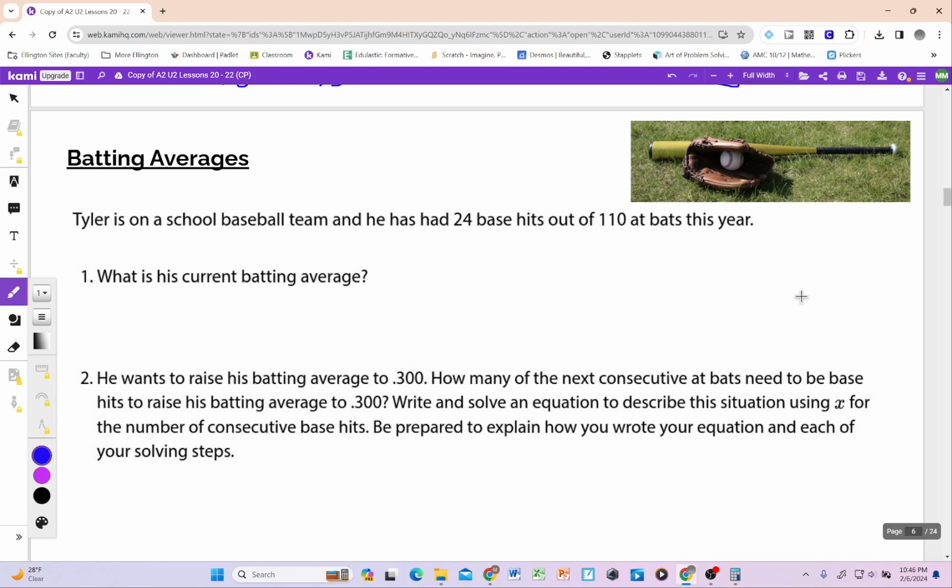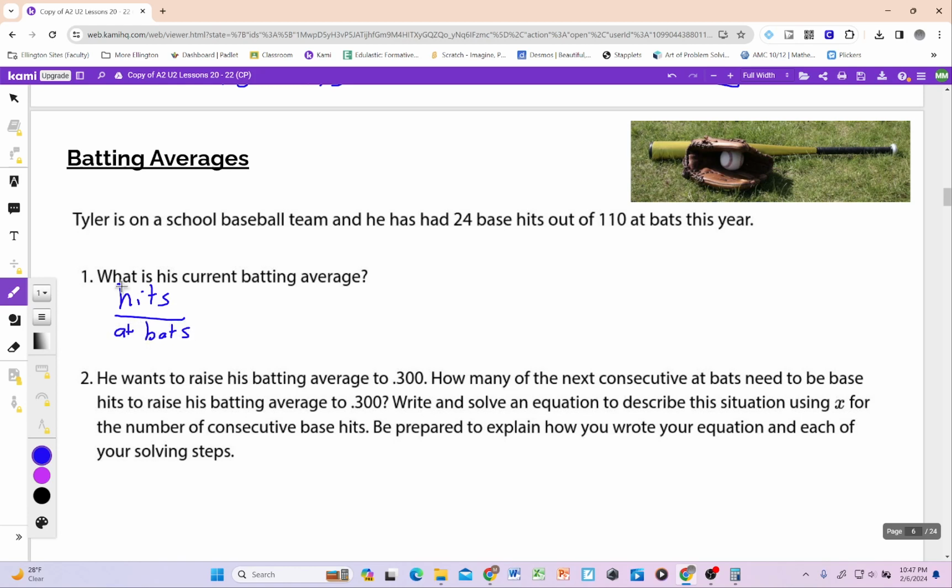In this case, a batting average is essentially a proportion of the number of hits you get out of the number of at-bats. So his batting average is going to be hits divided by at-bats.